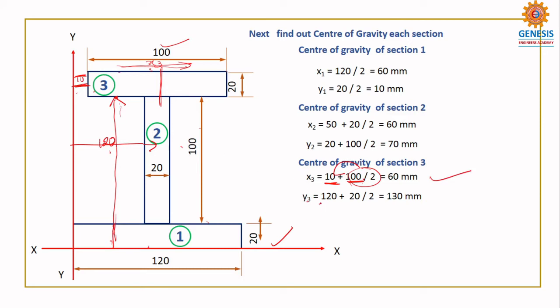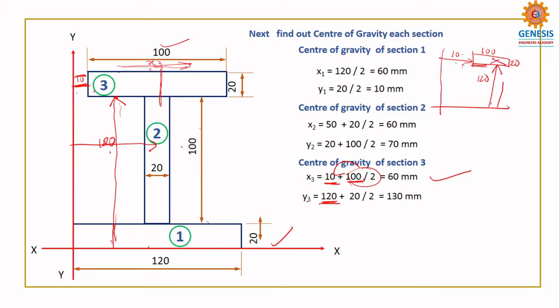So y is 120. How far is it? I will explain. This is at this, and its dimensions are 100 and 20. It is at a distance of 120, and from this it is 10.